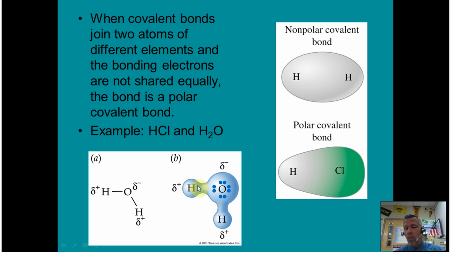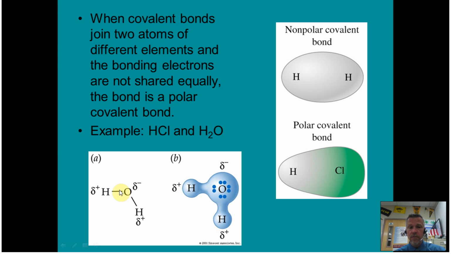Another example is with water. So it doesn't have to just be two atoms involved. Water is one oxygen and two hydrogens. And there are a couple of representations of water down here. Oxygen is sharing a single pair of electrons with one hydrogen and another single pair of electrons with another hydrogen. But remember that oxygen is also pretty electronegative, so it's going to want to pull electrons towards itself.